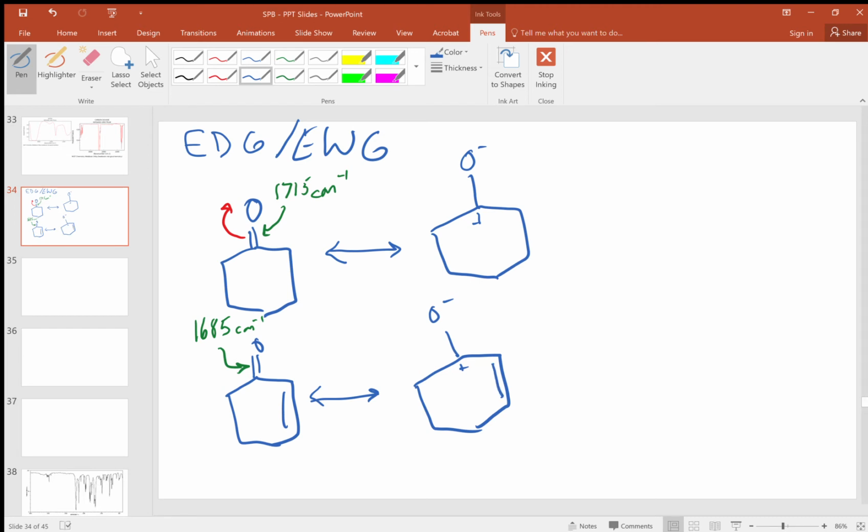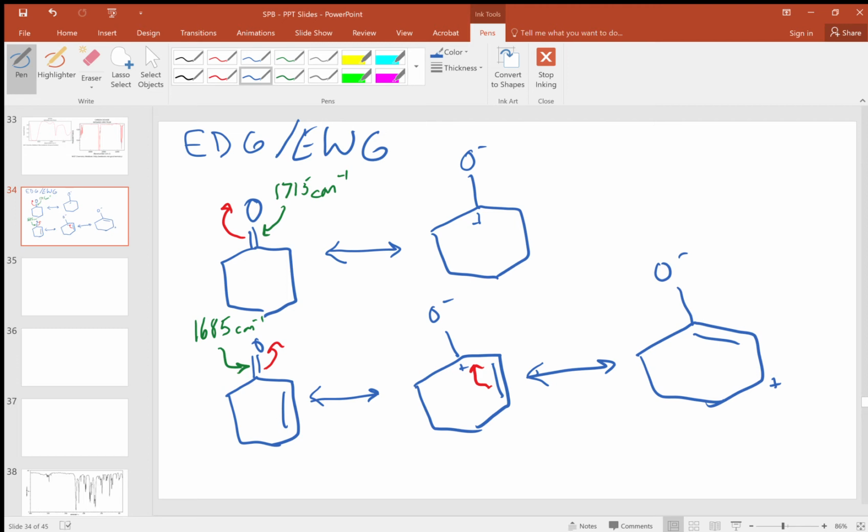But what happens in this second one? Well, after we form this resonance structure, we have an alkene next to a positive charge. So we can draw a second resonance structure. That looks like that.